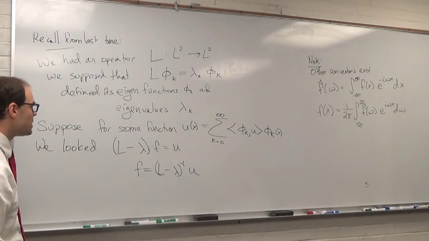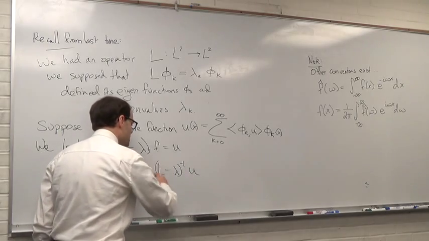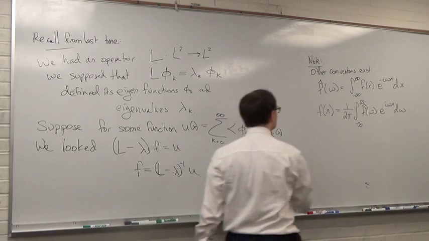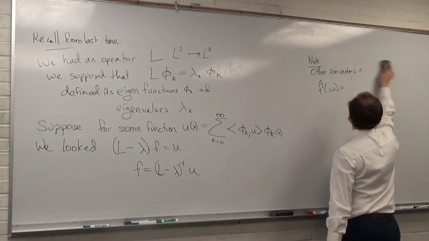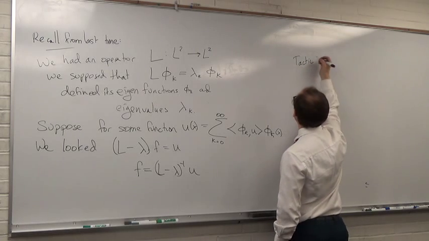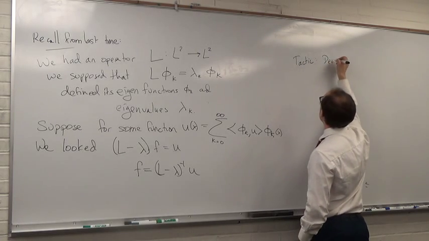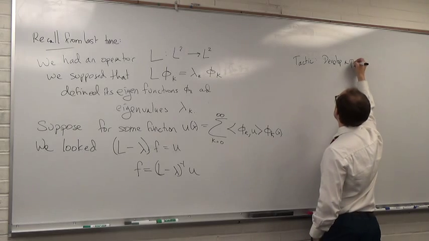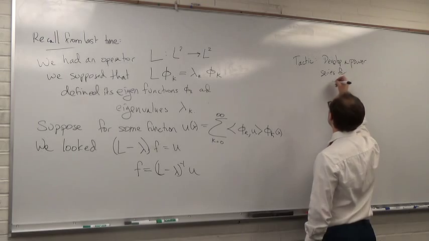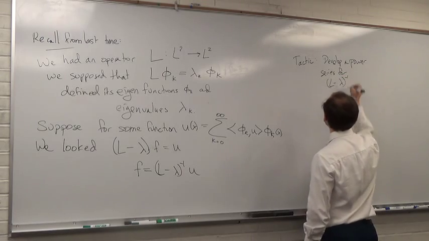And here's the observation. The observation was that I could develop this thing here in a power series. So the tactic, again, is to develop a power series for L minus lambda inverse.